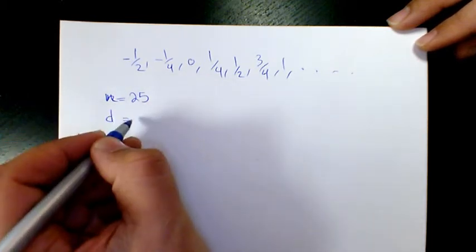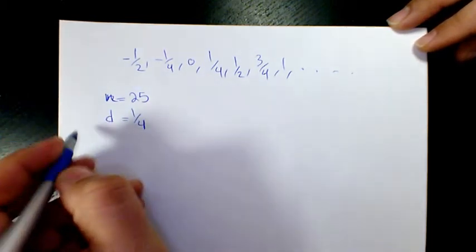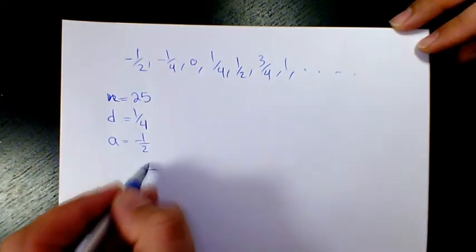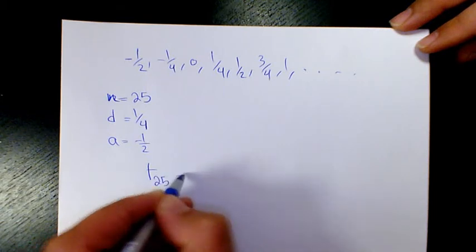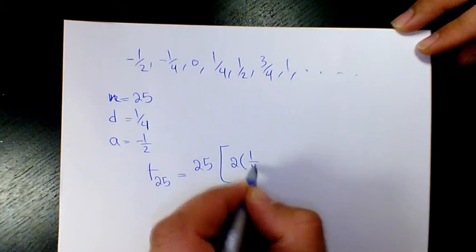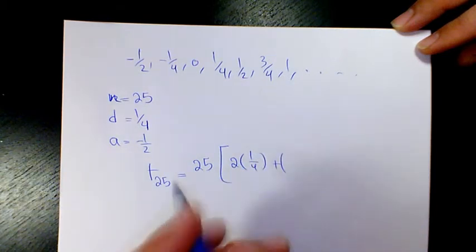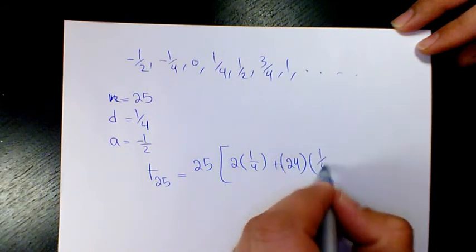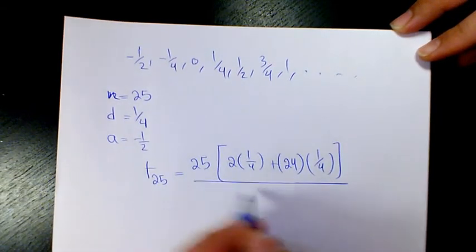D is 1 over 4. A is negative 1 over 2. So S25 is 25 times 2 times A plus N minus 1, 24, times 1 over 4, divided by 2.